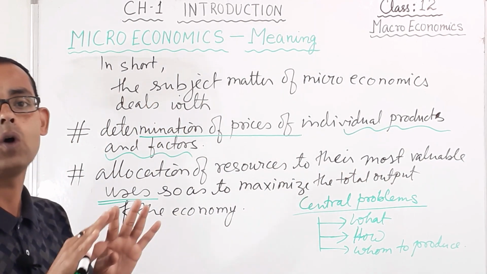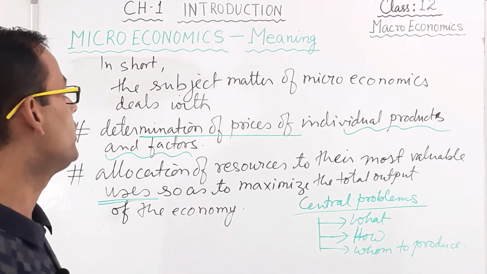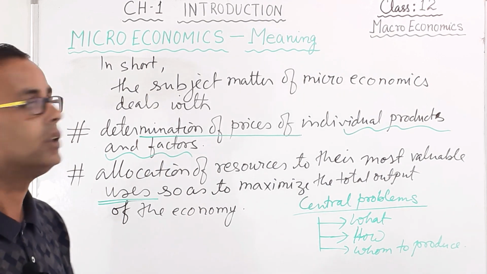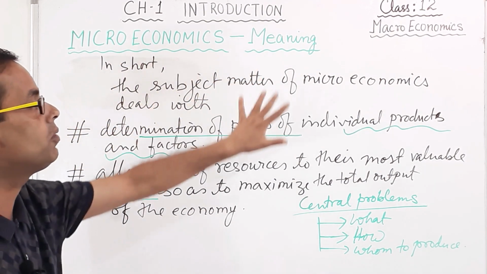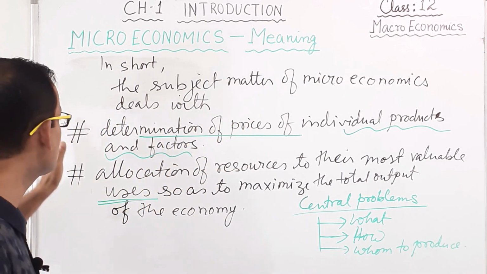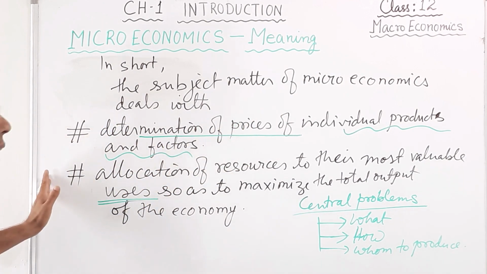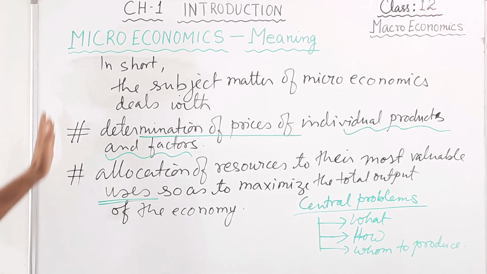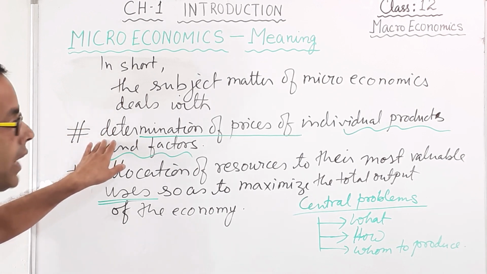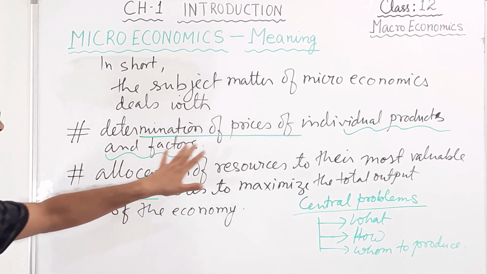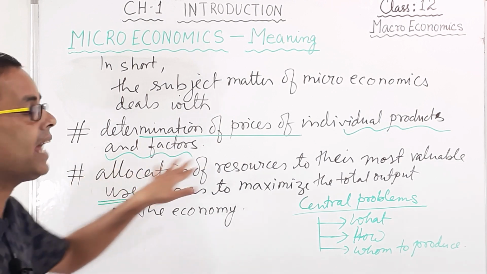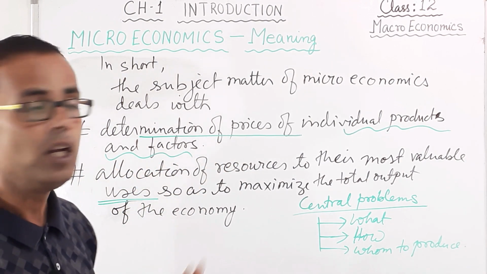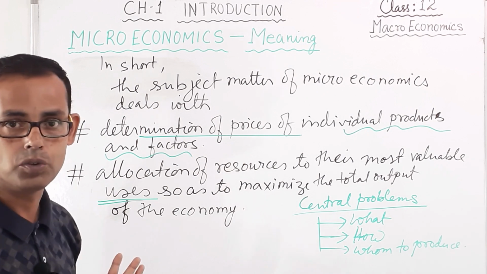So this is all about microeconomics, its meaning. The subject matter of microeconomics deals with two things: determination of prices of individual products and factors, and allocation of resources to their most valuable uses.